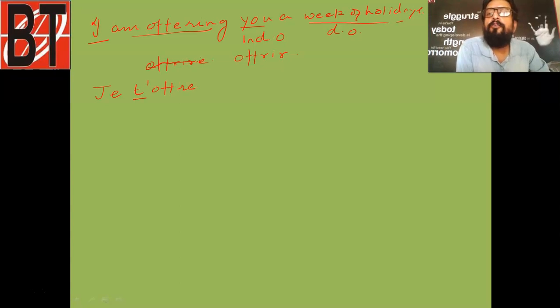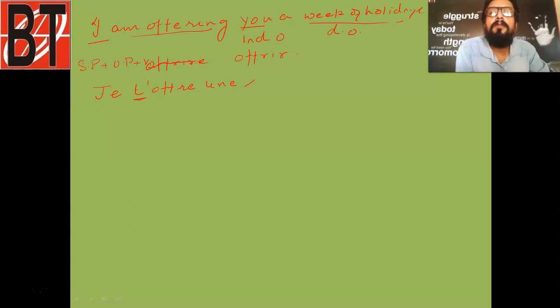Why t'offre? Because it is subject pronoun plus object pronoun plus verb. So the subject pronoun is je, the object pronoun is te. Because the verb starts with a vowel, it loses its sound a. So je t'offre.